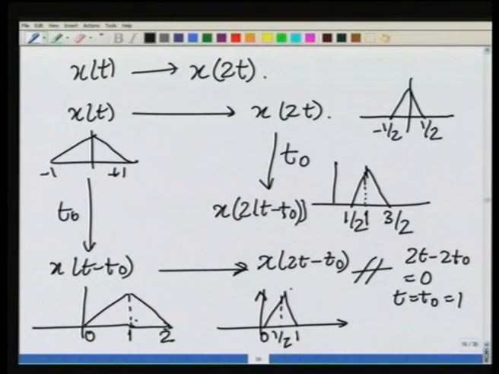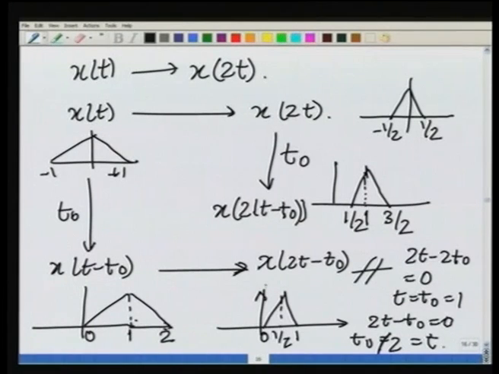The peak should occur where the argument of x is 0. So, where 2t minus t naught is 0, or where t equals t naught by 2. T naught being 1, there is a point of time where t equals half, and that is what is happening over here.